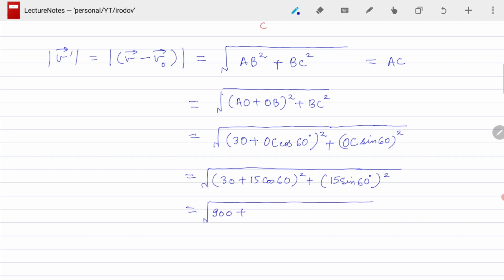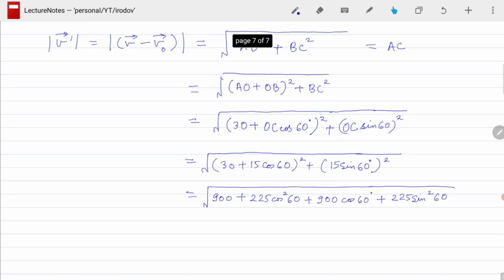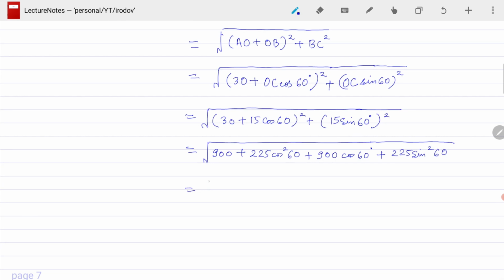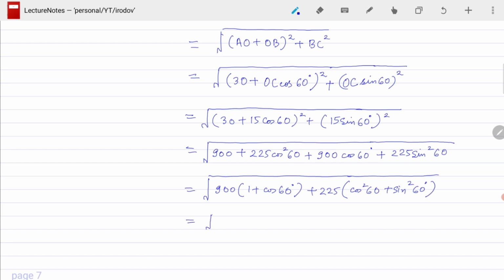Simplifying this, we get 900 times 1 plus cos 60 degrees, plus 225 times cos squared 60 plus sine squared 60 in the brackets, which gives a value of 1, since cos squared theta plus sine squared theta equals 1.